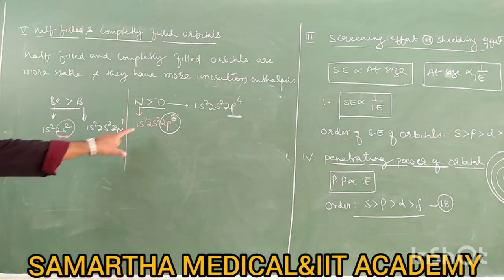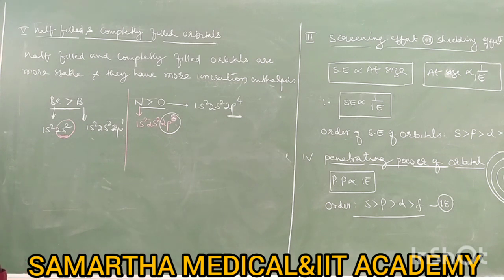Nitrogen has a half filled p orbital, which is most stable. Therefore, atoms with half filled and completely filled orbitals are more stable and their ionization enthalpy becomes more. We have studied this also. So these are the factors affecting ionization enthalpies.